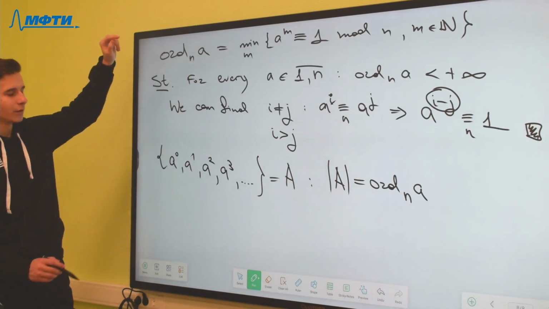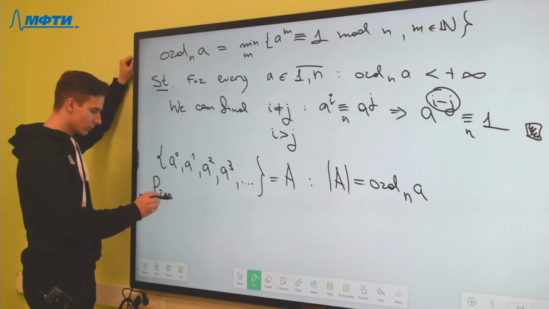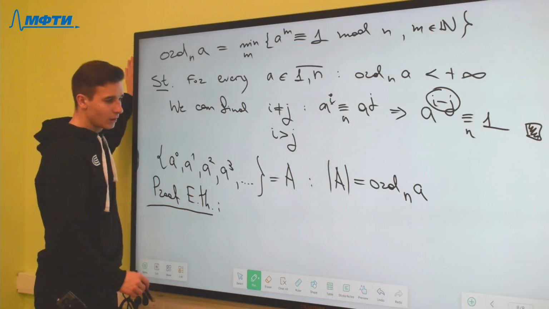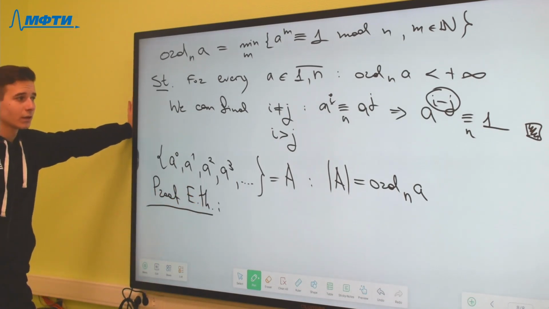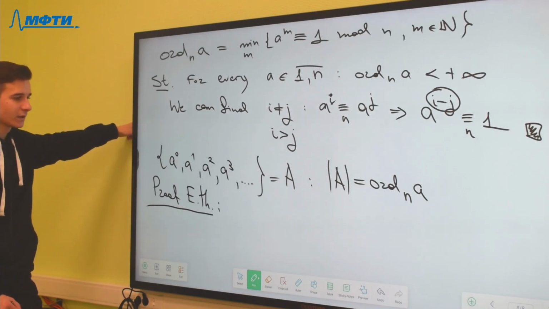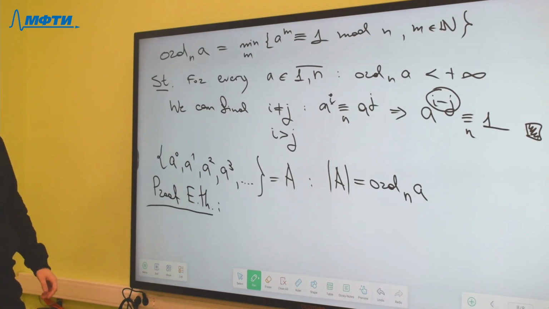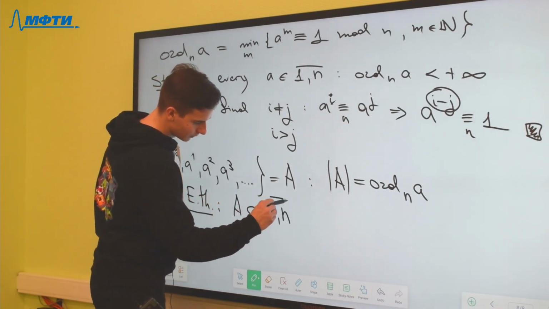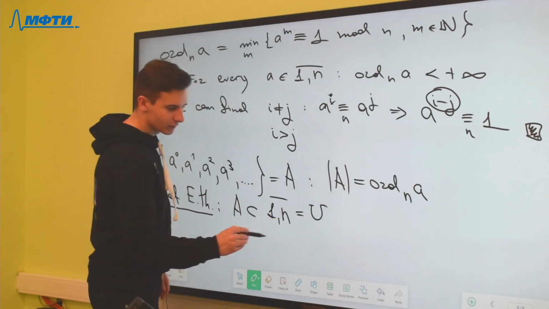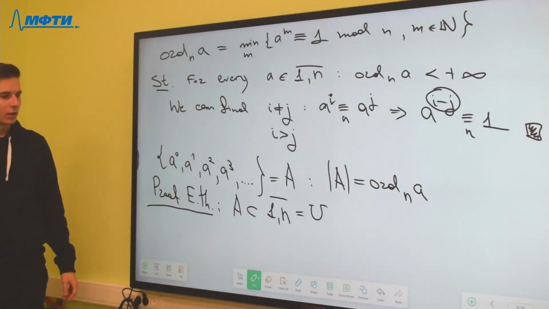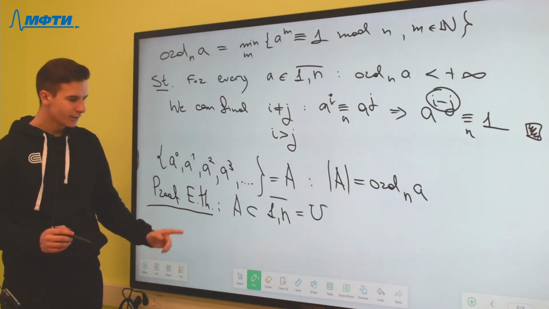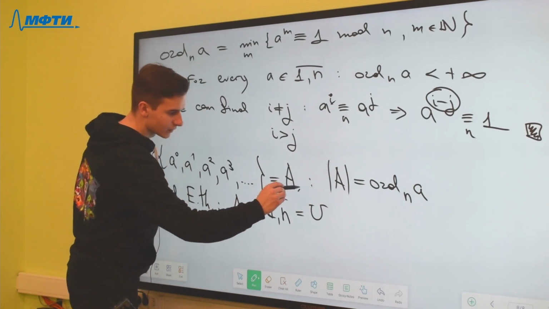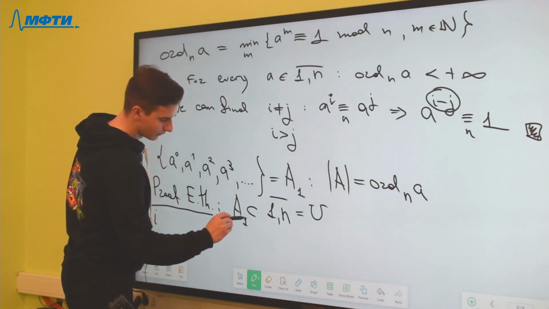And how to prove the Euler theorem. Firstly, we say that A is a finite subset of this set. I define it as U. And I define the set of powers of A with the index 1.